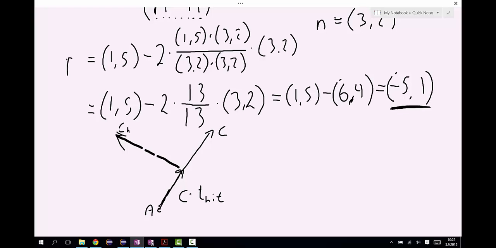We can just call it c new. But it has to travel that vector, so c new times 1 minus t hit, which is the rest. Or, as I said before, in the case of using the frame time, it will not be 1 minus t hit, but frame time minus t hit, or delta time minus t hit.